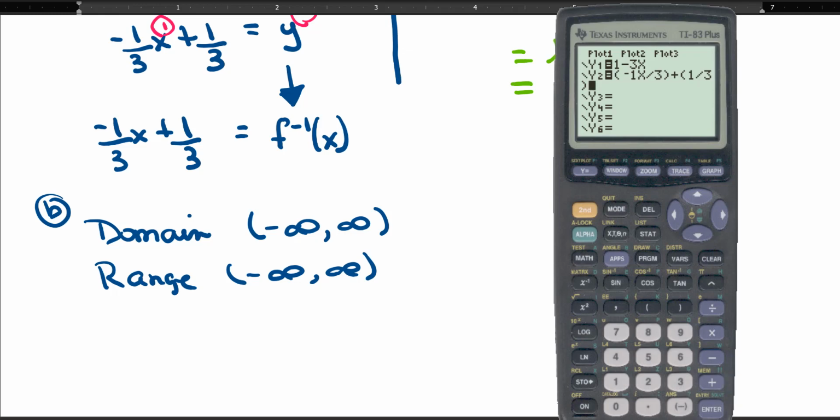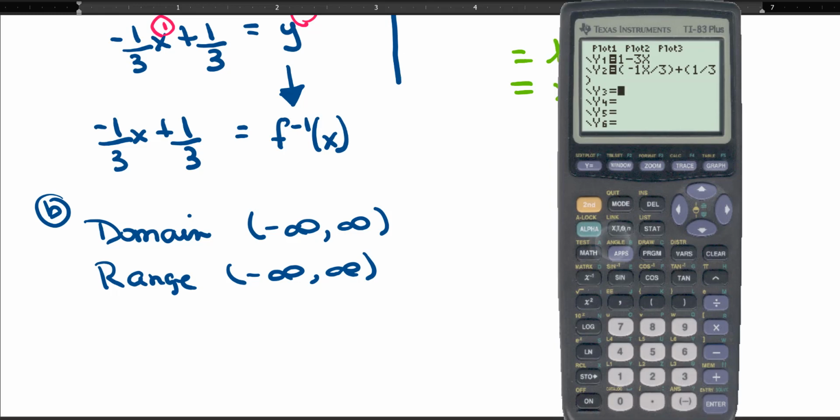Press enter to go to y sub 3. We want to draw the reflection line. And we just say y equals x. And then let's graph. The first line is going to graph first, the second next, and then the y equals will be last. Here we go.